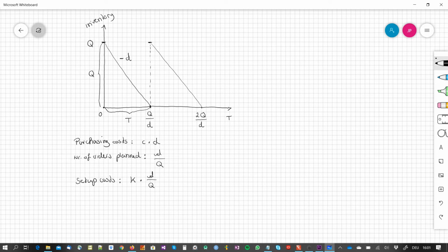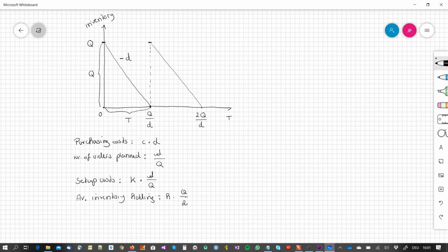So this is the first thing that we consider. Then we need to consider the costs of holding inventory. So we have an average inventory holding cost. And this is given by the average amount of inventory in our system, which is our order quantity divided by 2.